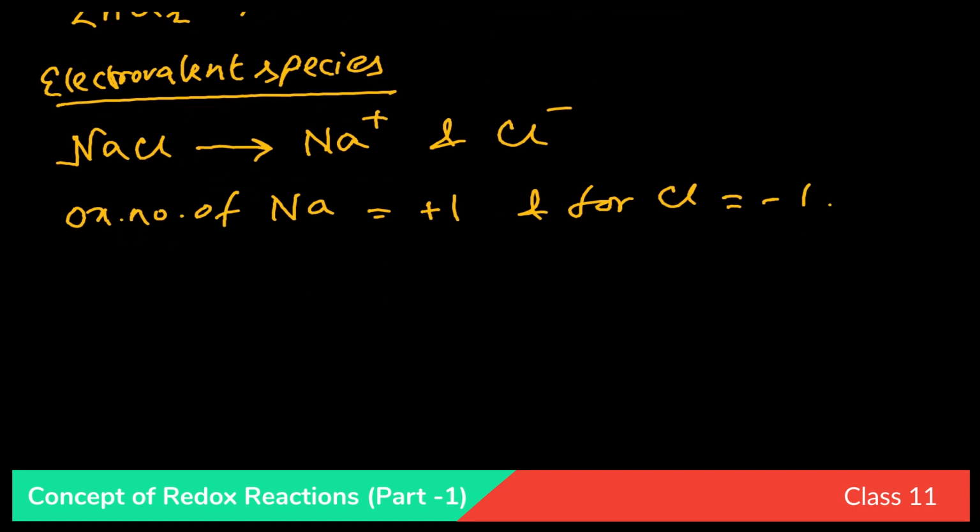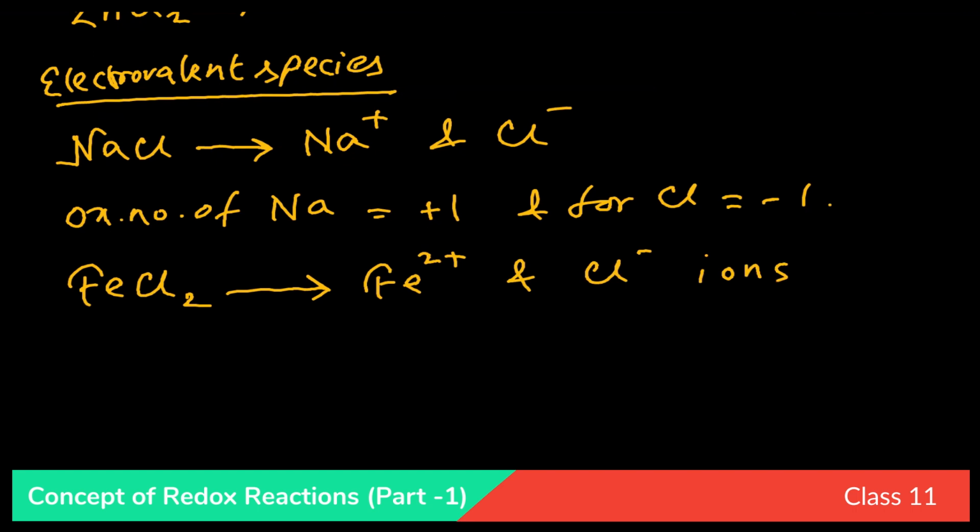Similarly, if I talk about another example, FeCl2, if it forms ions, what will it produce? It will produce Fe2+ and Cl- ions.